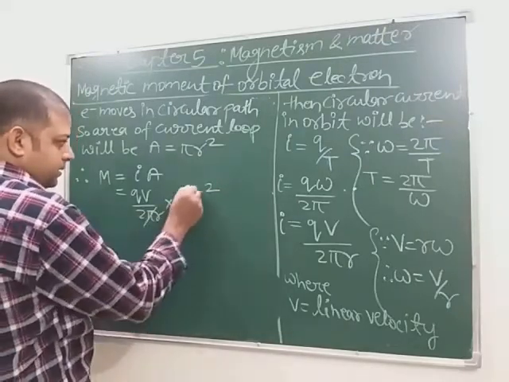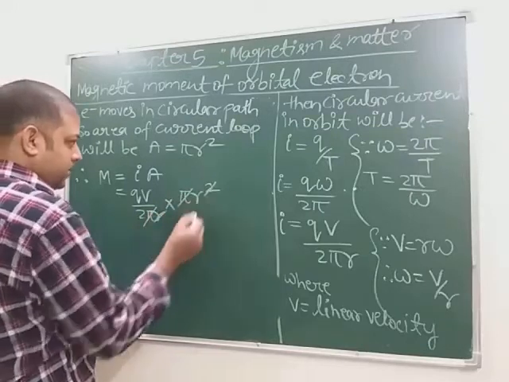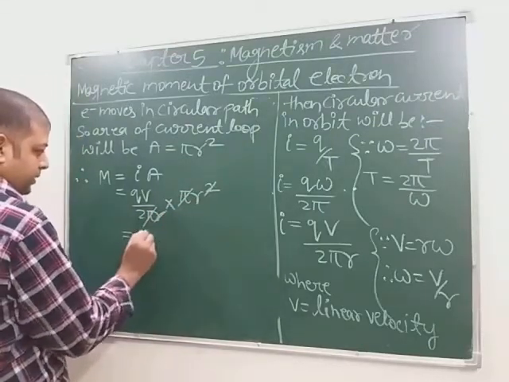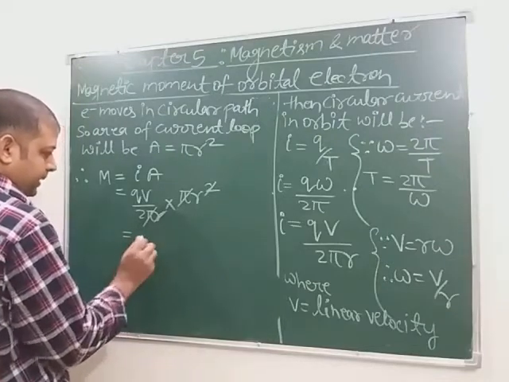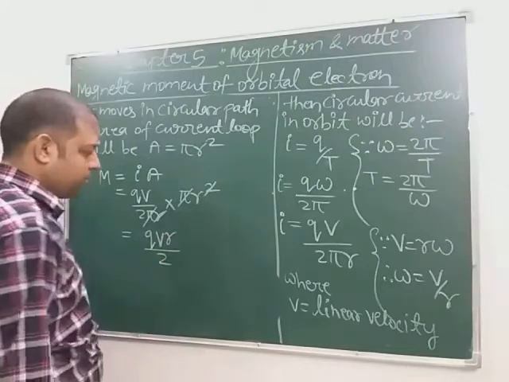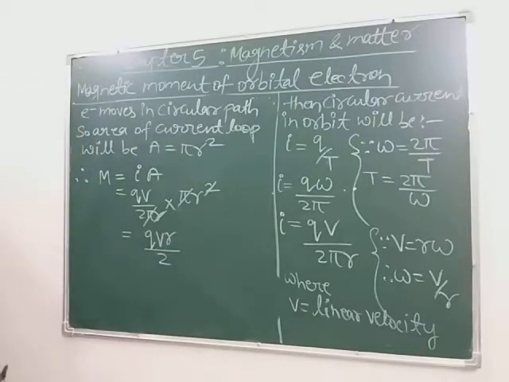Pi cancels, r square cancels, so it will become qvr upon 2. Write down, very important conclusion: qvr upon 2. Now we will establish a relation among these quantities.